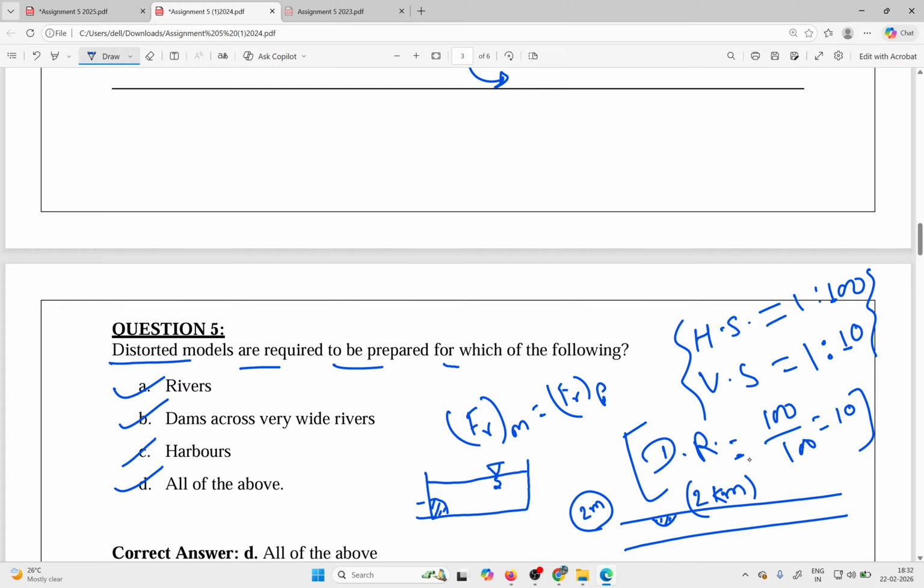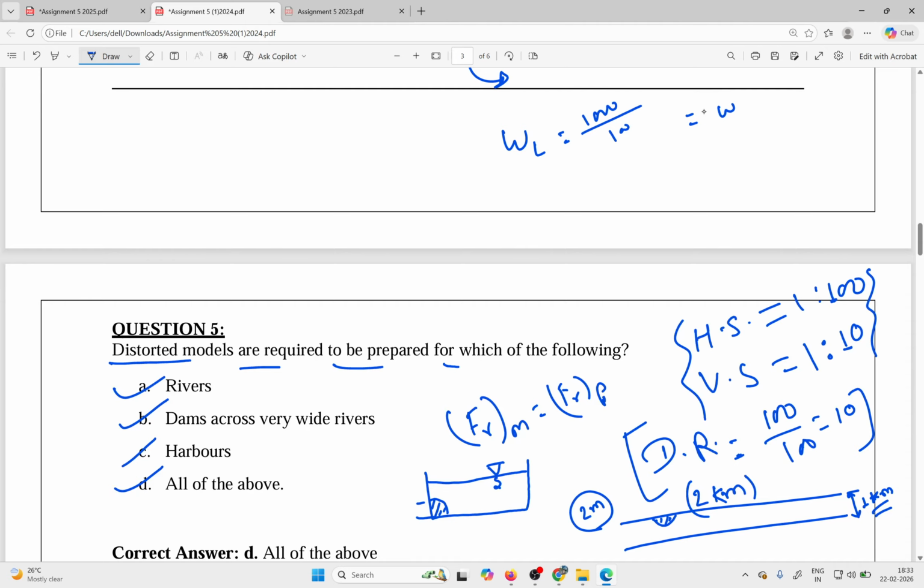If you are using 1 is to 100, how much do you need in the laboratory for the length and the width? Let us assume the width is 1 kilometer. So for the width in the laboratory you need 1000 meters divided by 100, so a 10 meter width.